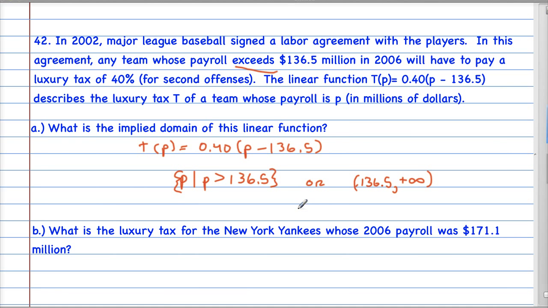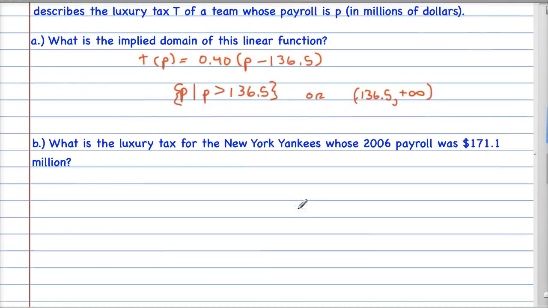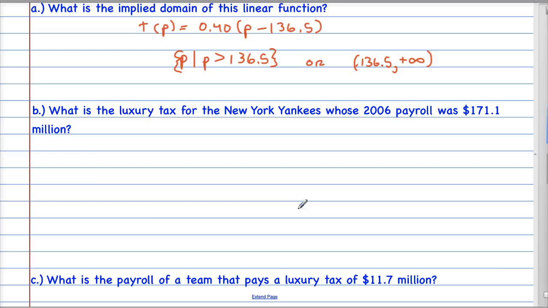All right, sorry. What is the luxury tax for the New York Yankees, whose 2006 payroll was $171.1 million? Remember, P is representing the payroll in millions of dollars. So I'm going to evaluate my function T of P for 171.1.